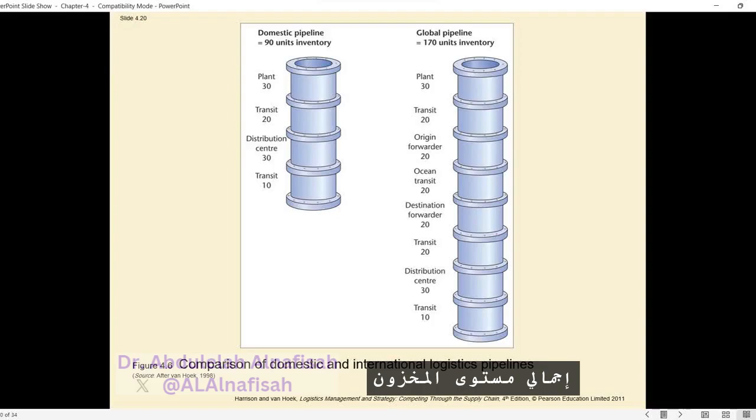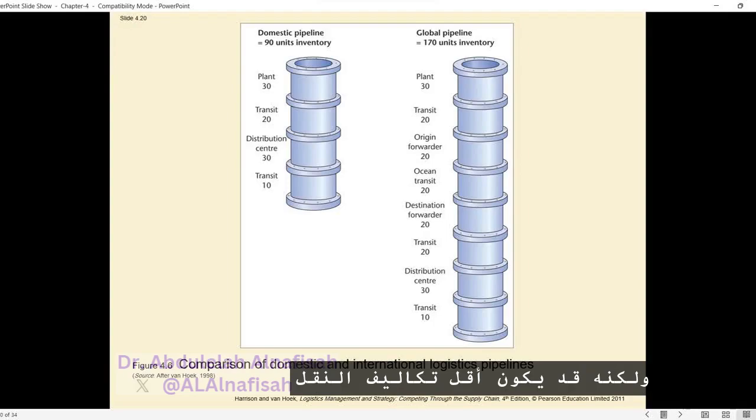The total inventory level is 170 units, which is the sum of the units at each stage. This pipeline has higher inventory costs, but it may have lower transportation costs or higher customer service levels, depending on the trade agreements and market conditions.